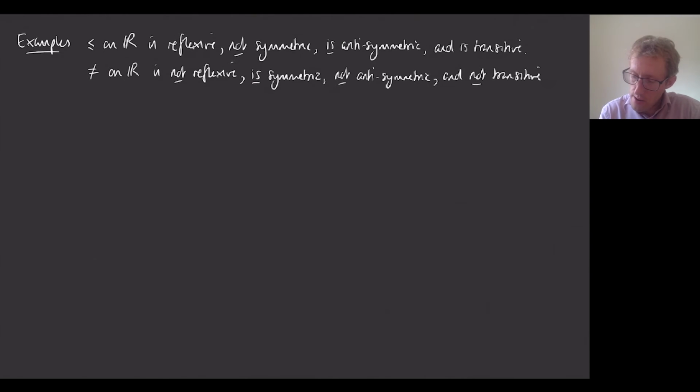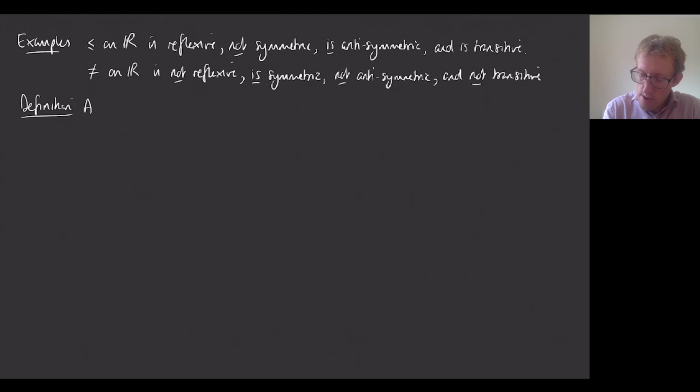I just want to point out, this is not hugely important, but it is something that is worth knowing the definition of. If you've got something like this less than or equal to sign, which is reflexive, anti-symmetric, and transitive, then it's called a partial order. So I'm going to write down a definition.